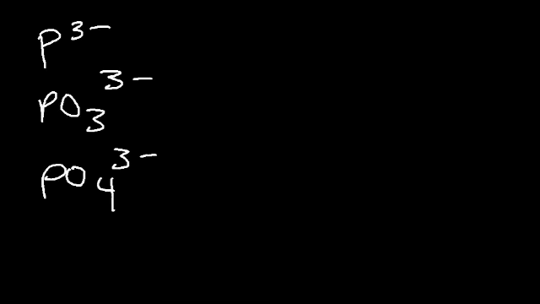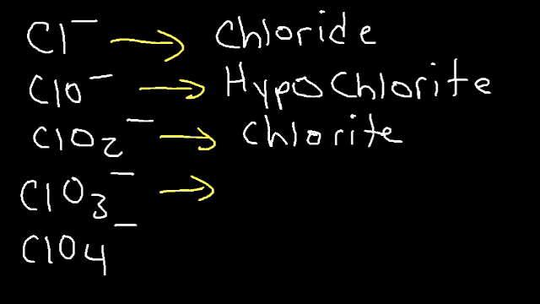And the third one is simply called chlorite, that's ClO2-. And ClO3-, this is called chlorate. As you can see, ate has one more oxygen than ite. And then the last one is called perchlorate.